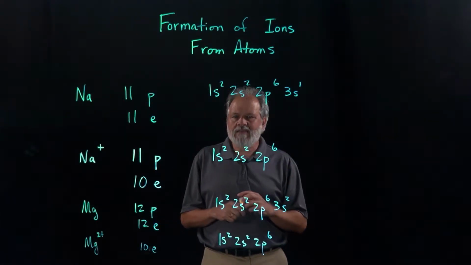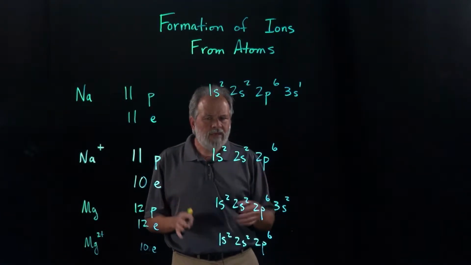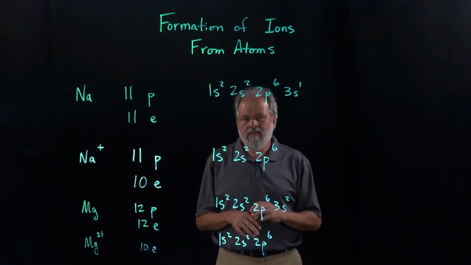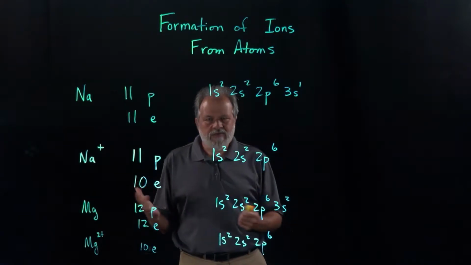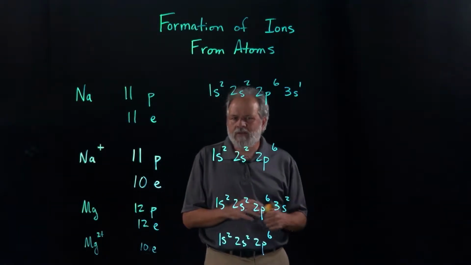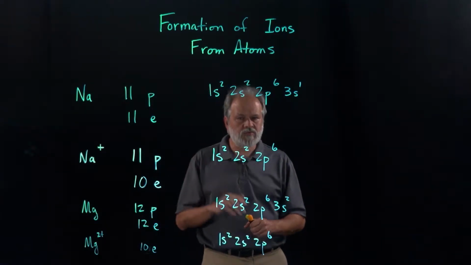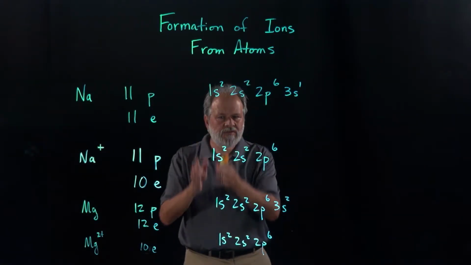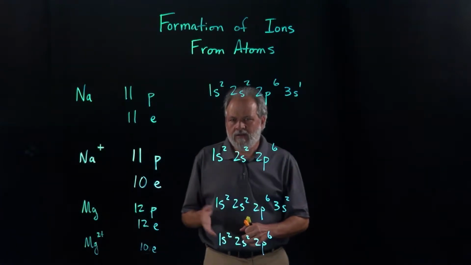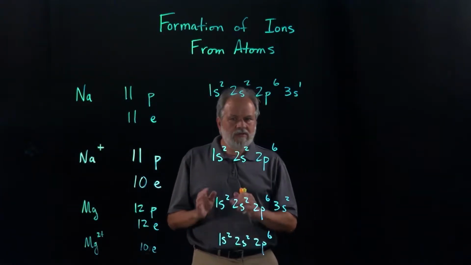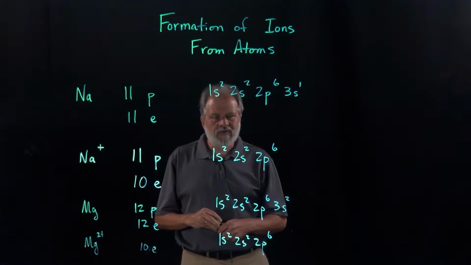This is really the driving force for metals. Metals like to lose electrons. How many they lose is dependent on where they are in the periodic table. If they're in column 1, they will lose 1 electron. If they're in column 2, called the alkaline earths, then they will lose 2 electrons when we find them in nature.